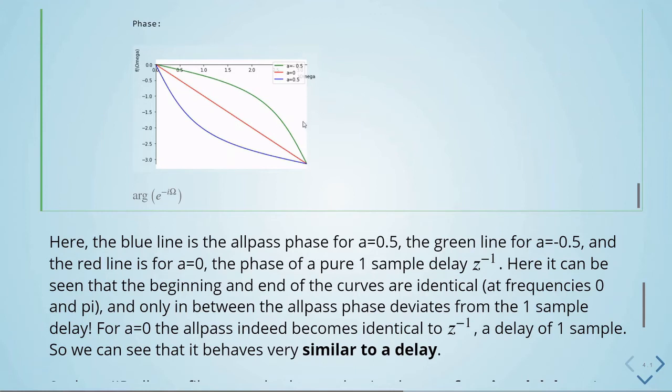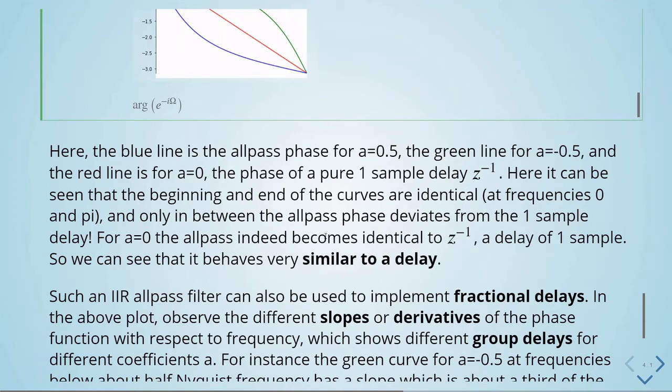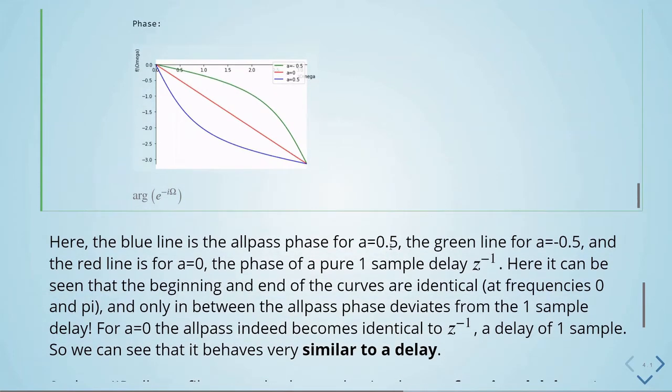So for a equals 0, the all-pass becomes identical to z to the power of minus 1, which is a delay of one sample. So this is a pure one sample delay, and here we can see that it behaves very similarly to a delay, but for different values of a, we have different characteristics.